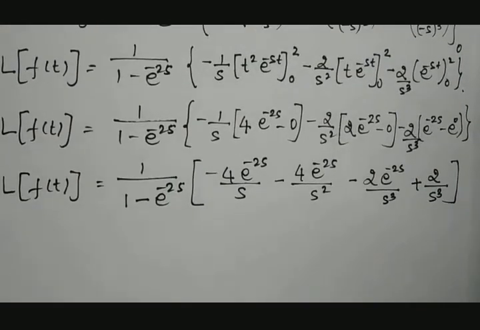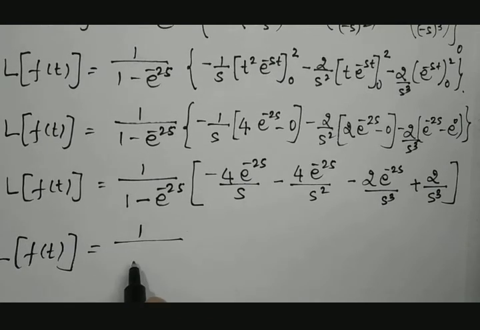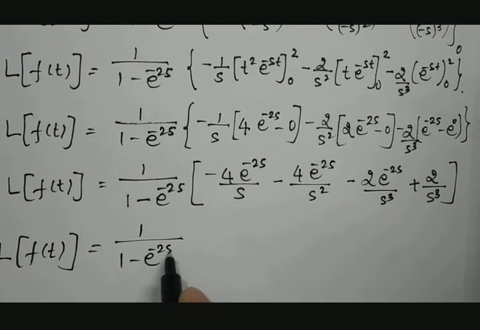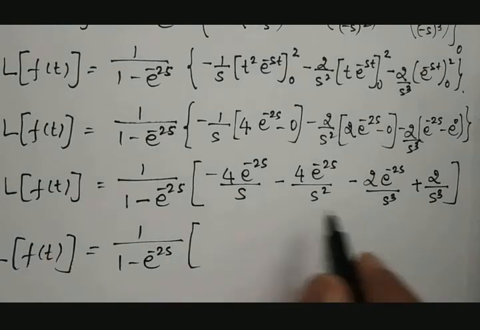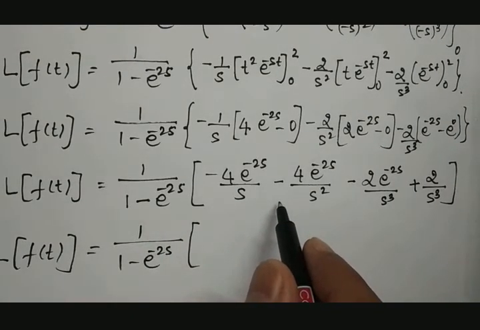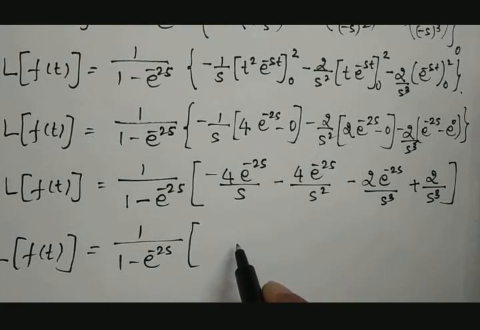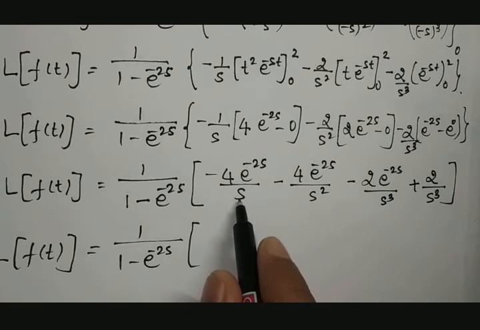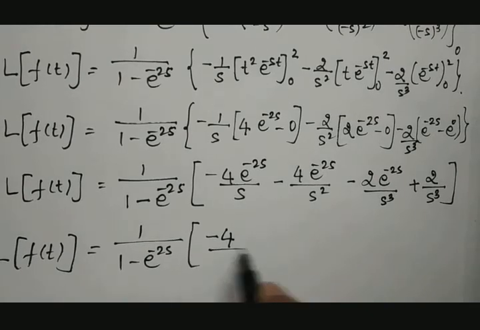Fine. So Laplace transformation of f of t is equal to 1 divided by 1 minus e raised to minus 2s into, what we can do here, we can make some common terms. Since divided by s has a negative term, first I'll take this divided by s.